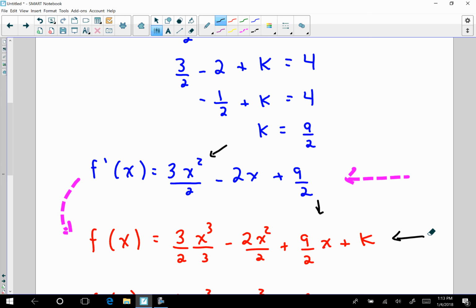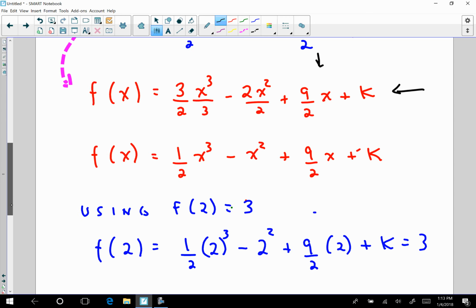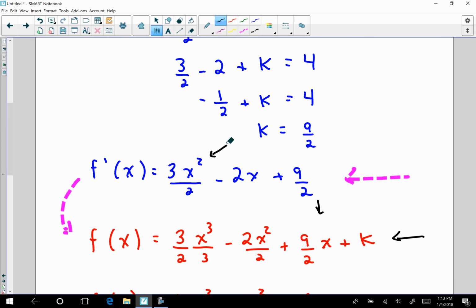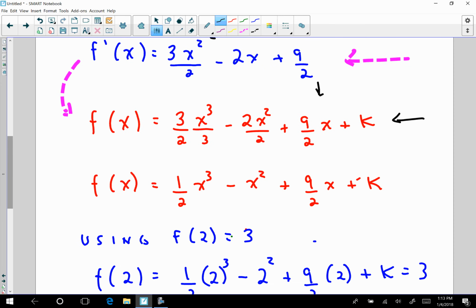So let's clean this function up a little bit. Let's cancel the 3's. And I have 1 half x cubed, cancel the 2's, minus x squared, plus 9 halves x plus k. So this is my function, and now I'm going to use the second condition given, that f of 2 is equal to 3.